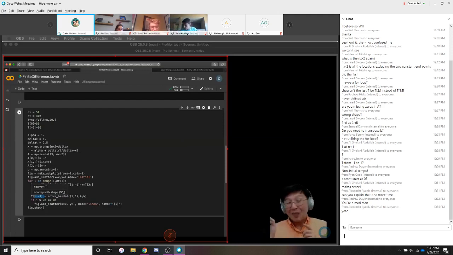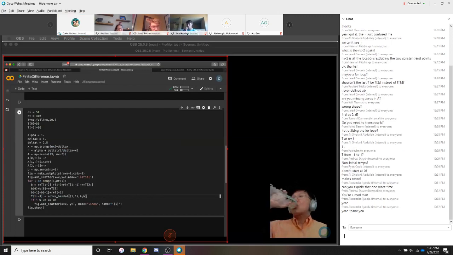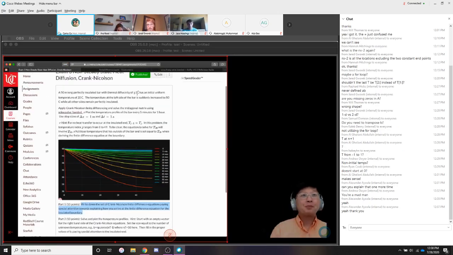You need to make sure you assign those to the portion of the temperature vector that is actually unknown, which starts not at 0 but at index 1, and goes all the way to the index just before the last one. That's what this is doing. Does that make sense? Okay.